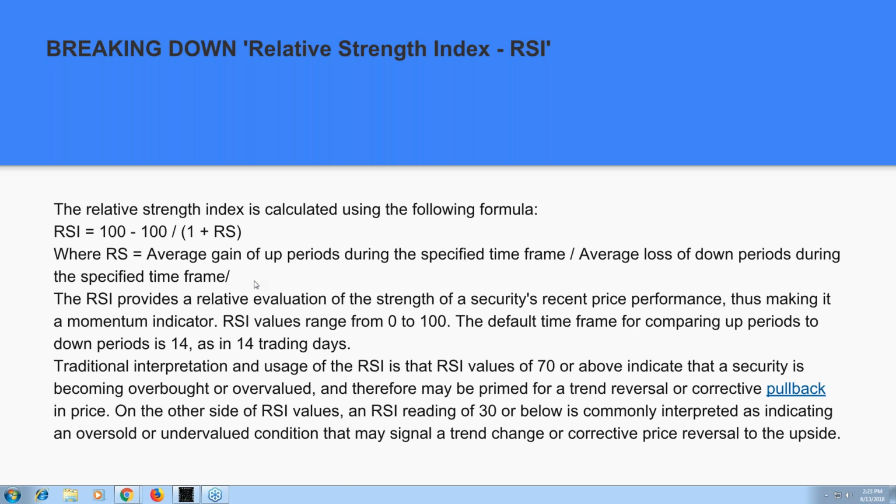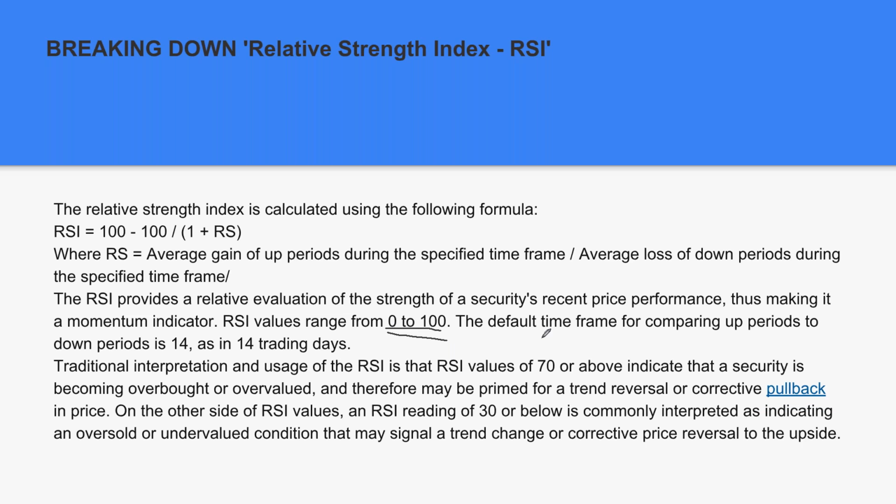It tells you where the momentum is about to come. RSI values range from 0 to 100, and the default time frame for comparing up periods to down periods is 14, or if you're taking the 1 day time frame, it'll be 14 trading days, right?